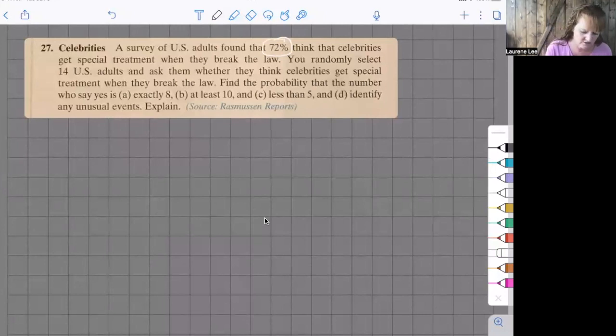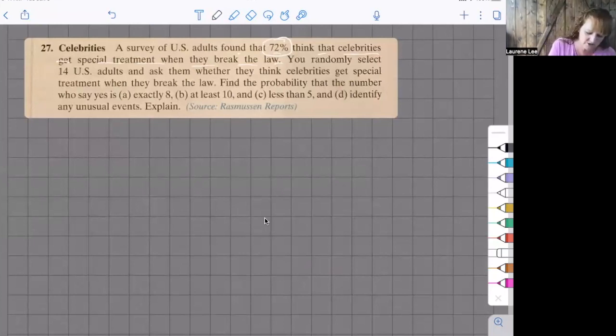Okay, so a survey says that 72% think that celebrities get special treatment when they break the law. So my question would be, do you think that celebrities get special treatment when they break the law? And your answer would be yes or no. That makes it binomial.